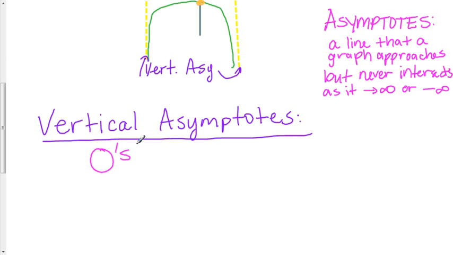The vertical asymptotes are the zeros of the denominator.